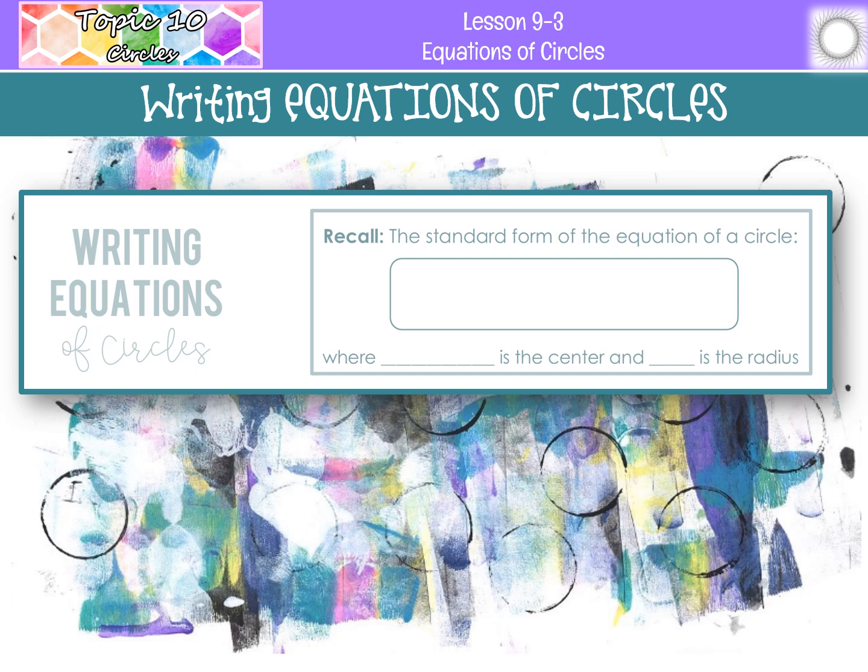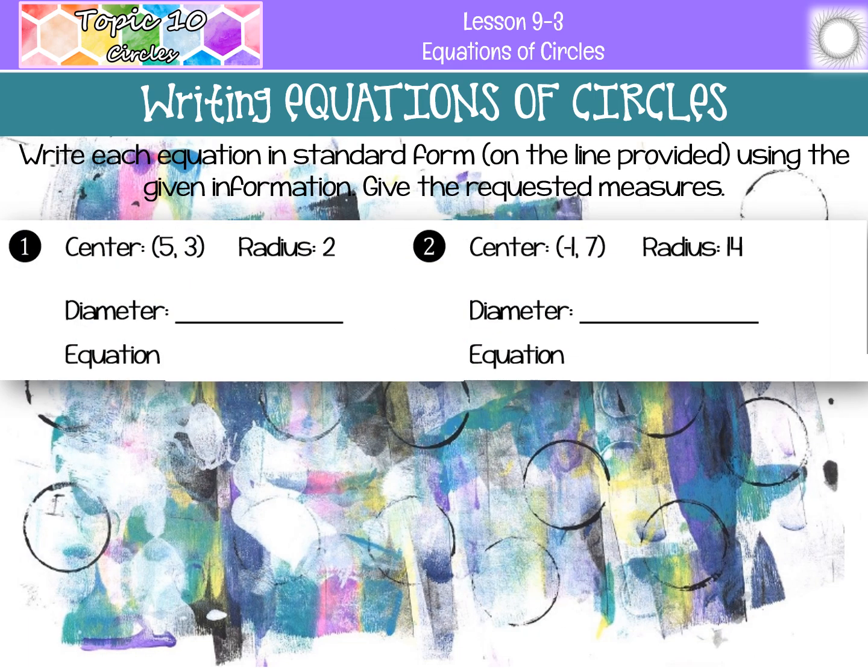Writing equations of circles. Recall, the standard form of the equation of a circle is the quantity x minus h squared plus the quantity y minus k squared equals r squared. (h, k) is the center, r is the radius. So now we're given a center and a radius. First of all, diameter is going to be twice the radius, which is 4.